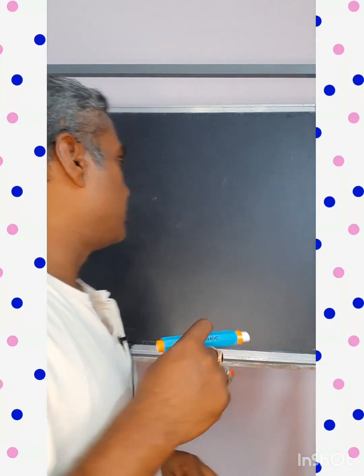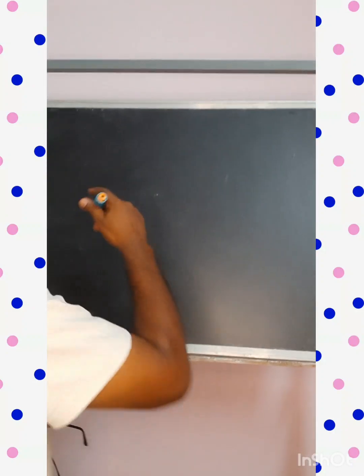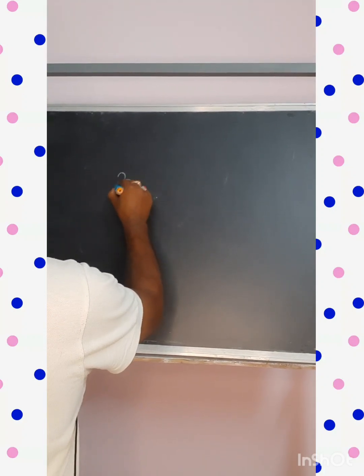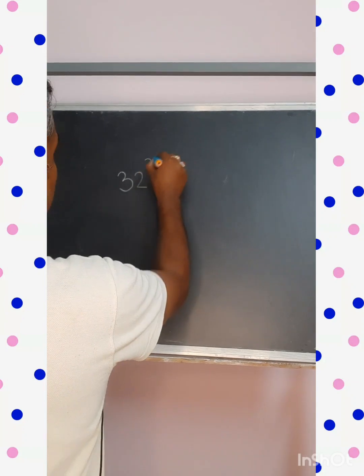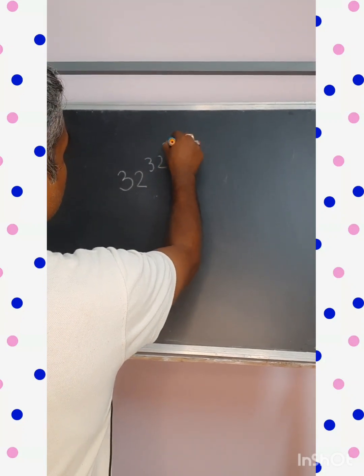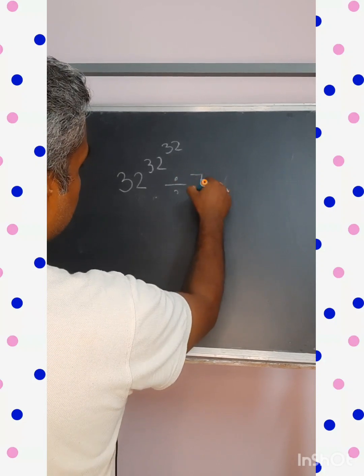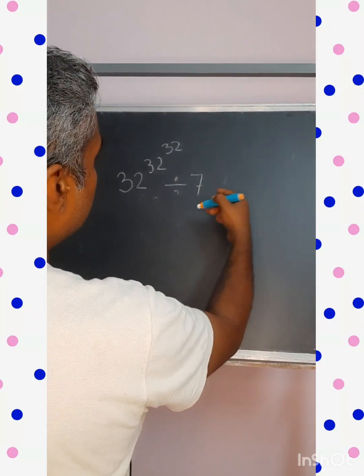So the problems that may come are of different kinds. Let's say I am taking an example, 32 power 32 power 32, if it is divided by some number, let's say 7, what would be the remainder?